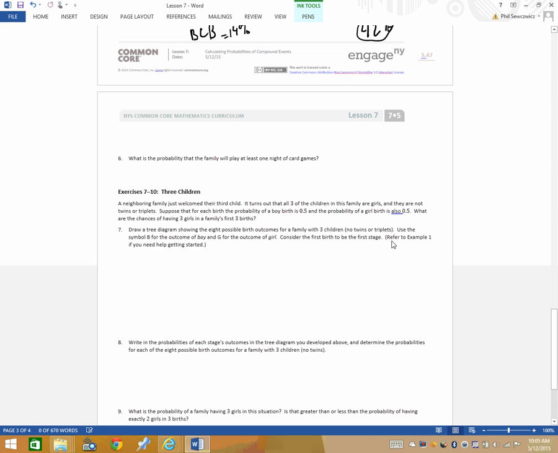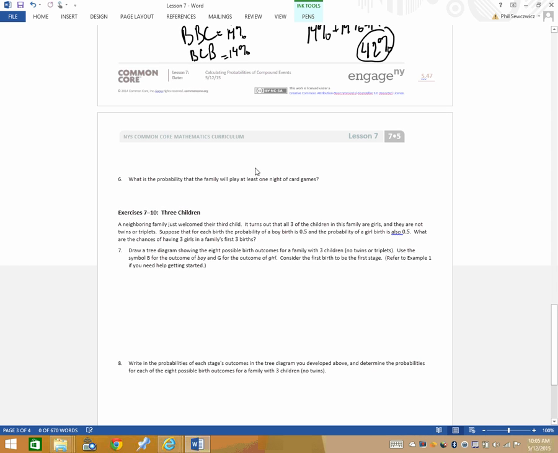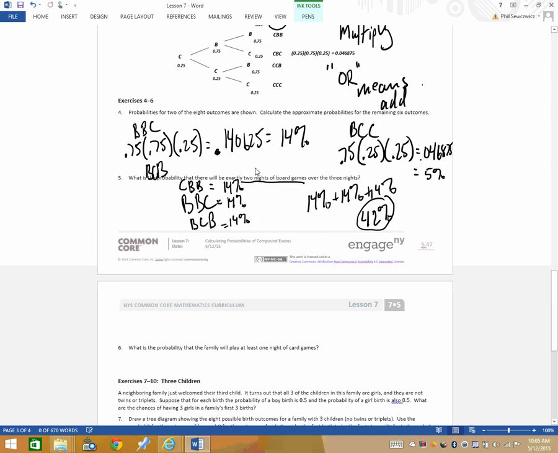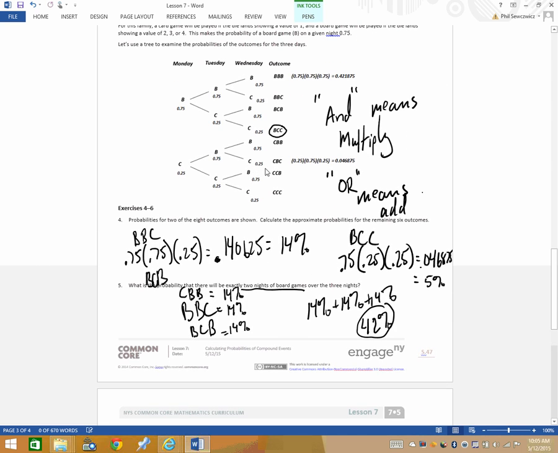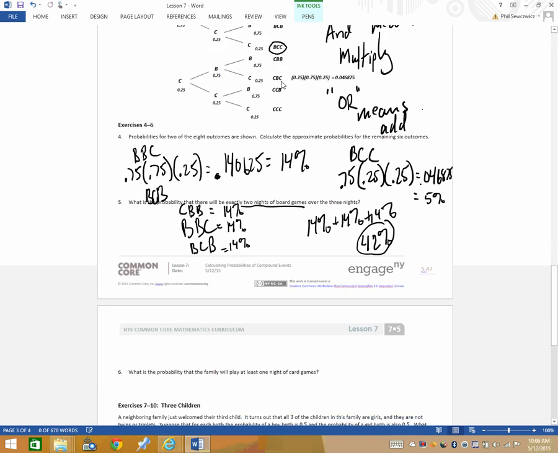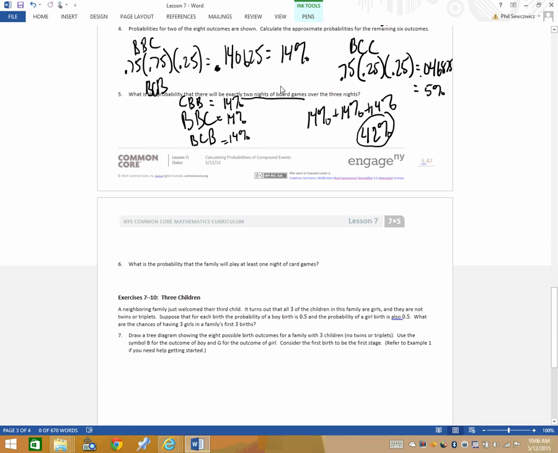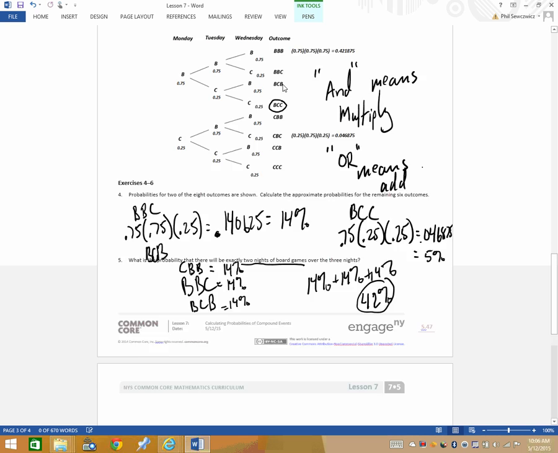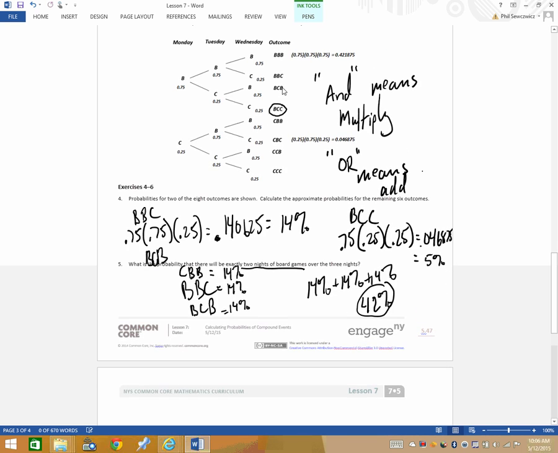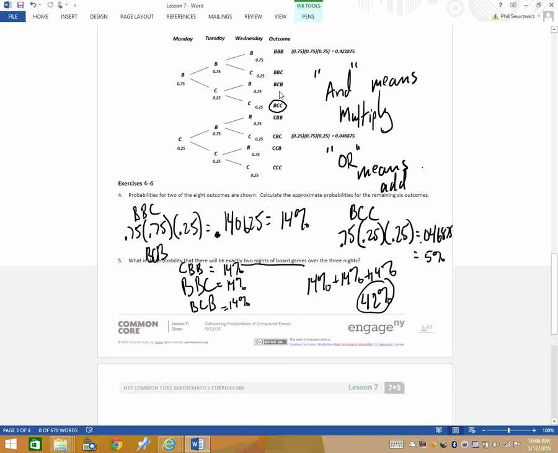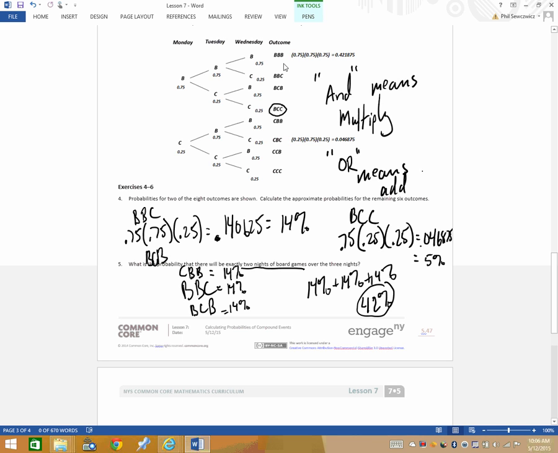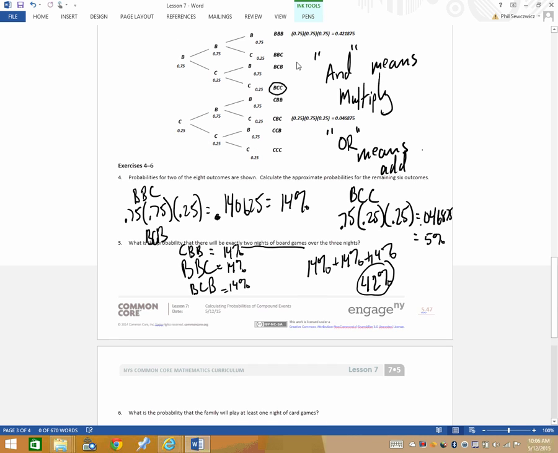What's the probability that a family will play at least 1 night of card games? At least 1 night of card games. Well, how many nights of card games are there? Well, there's at least 1, a 2, a 3, a 4, a 5. That's card. There's only 1 that has none right there. So the idea behind this is, instead of adding them all up, we can actually ask the opposite question: what's the probability of not playing cards, and we can subtract from 1.